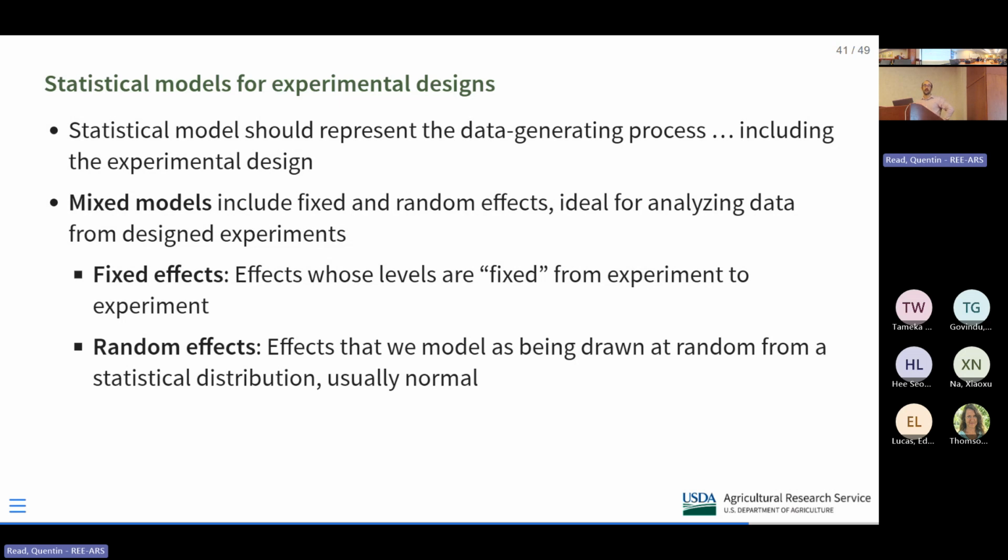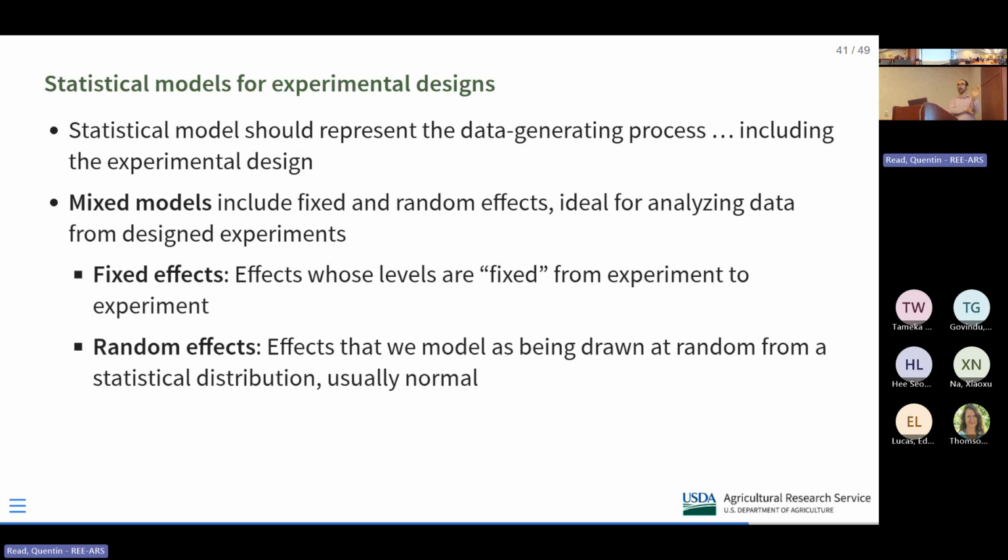But a random effect is one that is unique to that particular study, and we model them as being drawn from a random population. Like with the school example, if I did a study on schools in North Carolina in 2026, testing this method to improve math skills, well, if somebody else wanted to repeat it in Arkansas in 2027, they would use different schools.